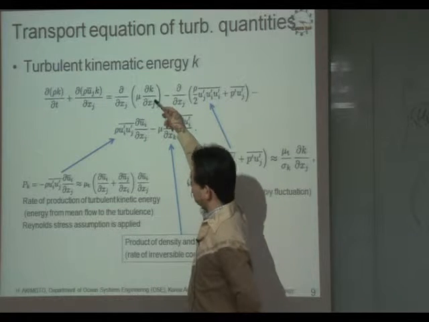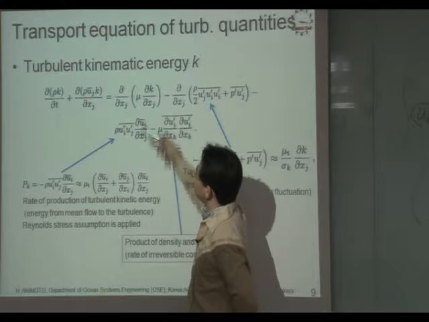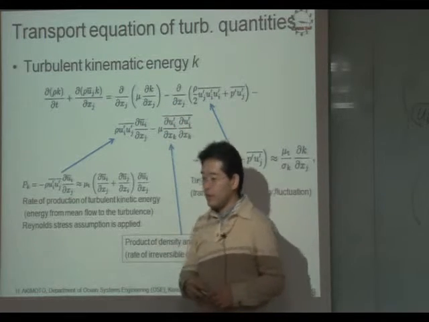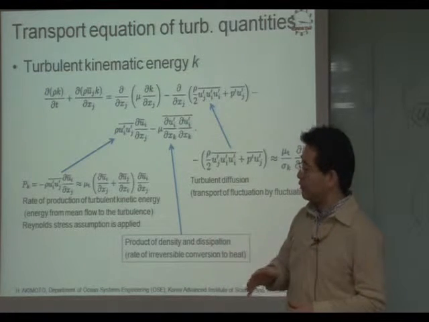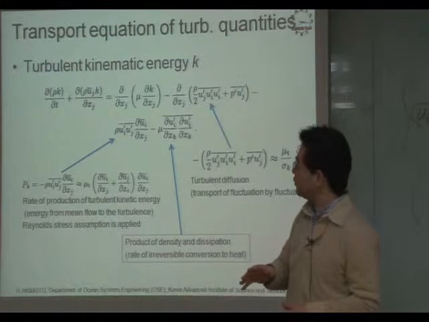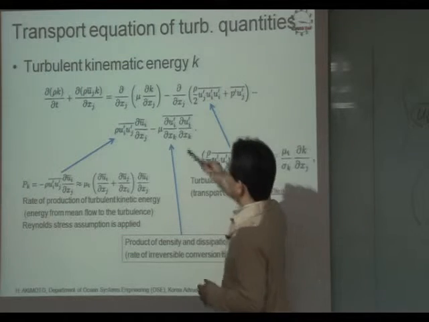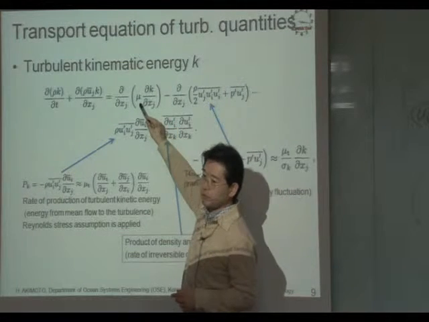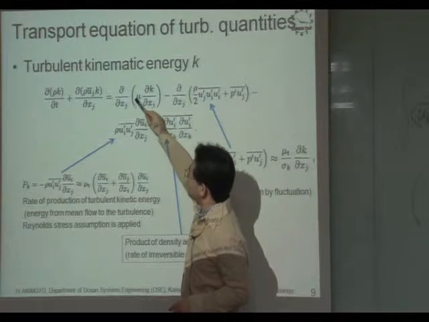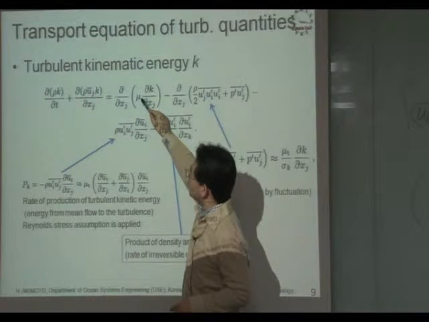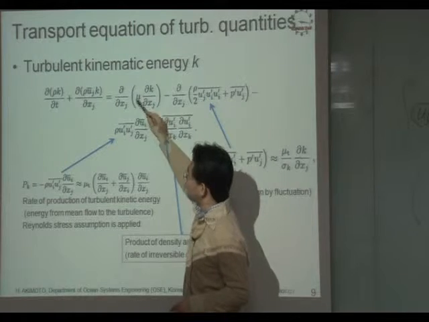This is a gradient of kinematic energy. So in this part, high turbulent energy will be transported to low turbulent regions by molecular viscosity. And this coefficient of the diffusion is molecular viscosity. So this value is very small.